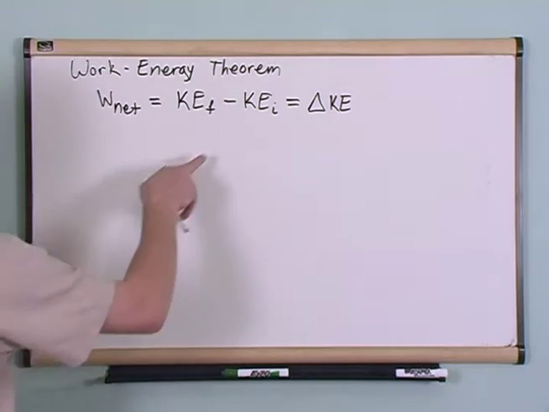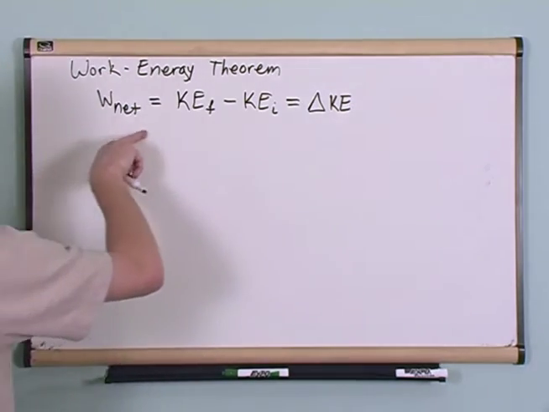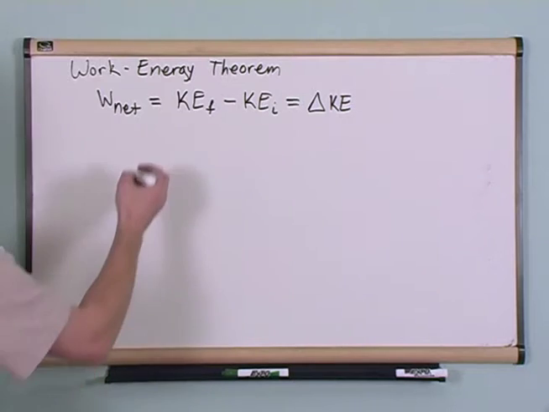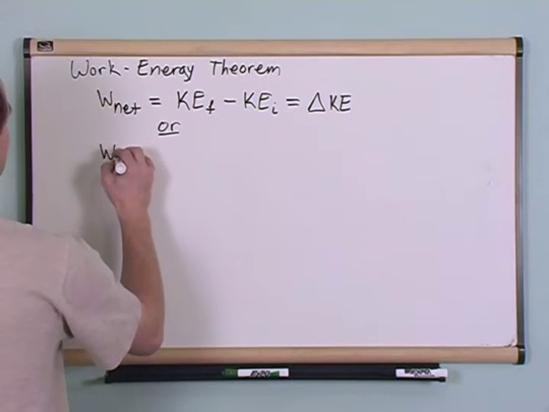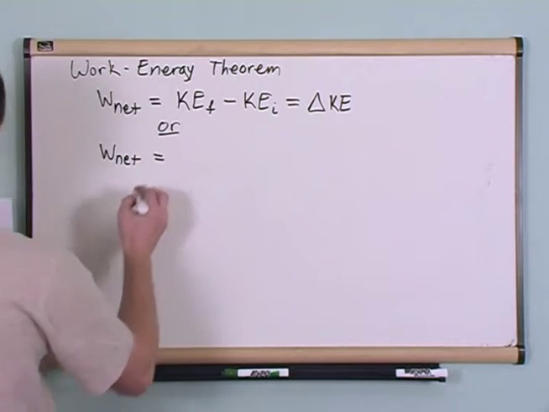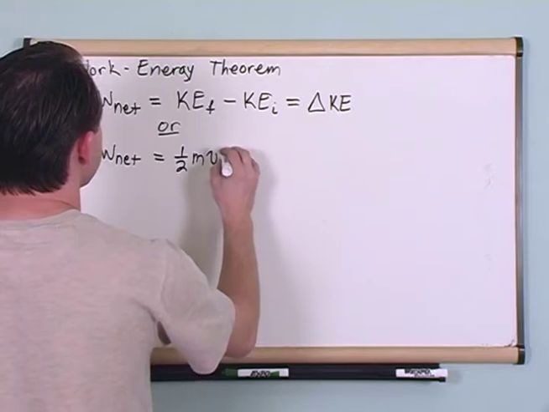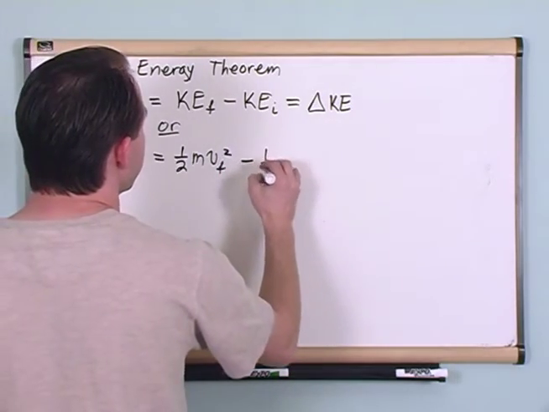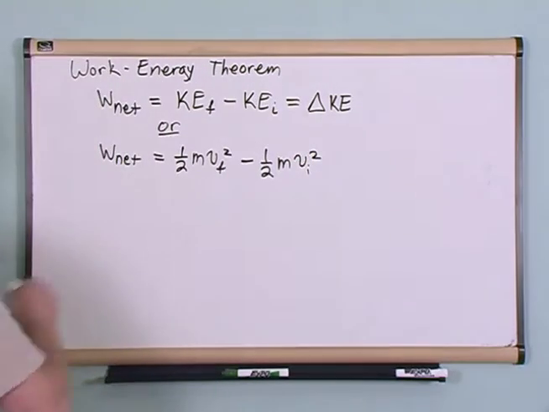So in the other case, the initial kinetic energy was 0 because the box was stationary. So every joule I put in must have increased its final kinetic energy because its velocity increased, okay? So if I were going to write this out a little bit more explicitly, I would say the net work done on a system would be 1/2 m v_f squared, that's just the final kinetic energy of the system, minus 1/2 m v_i squared, which is just the initial kinetic energy of the system.